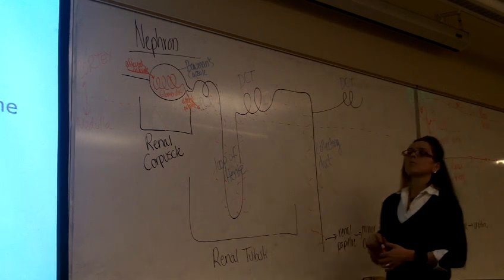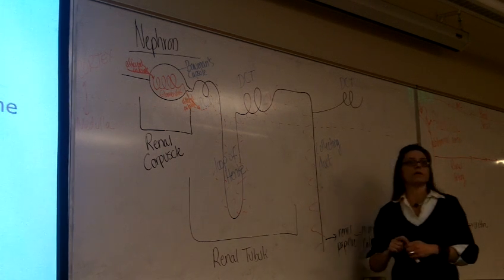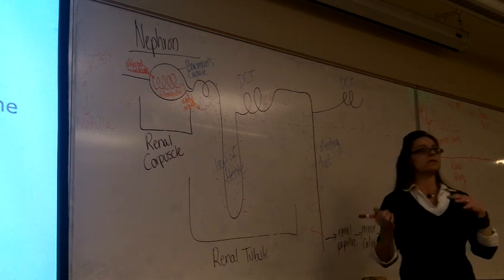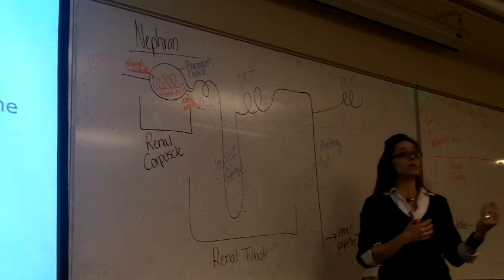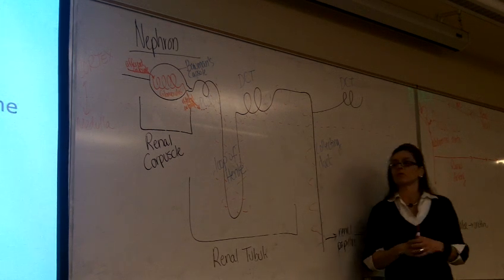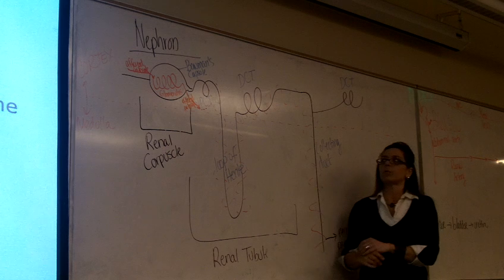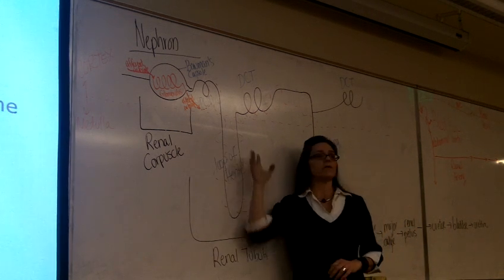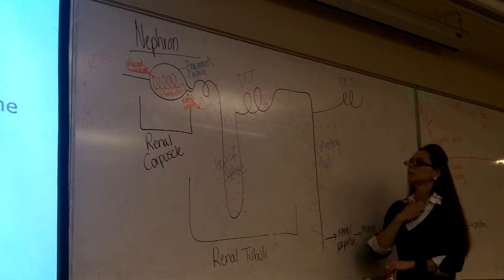How does it know what to reabsorb? We'll talk about that. It'll depend on what pumps are there, what gradients, right? Because things are only going to move via diffusion or active transport. So it'll be gradients that are set up in this extracellular space here, and various active transport pumps.